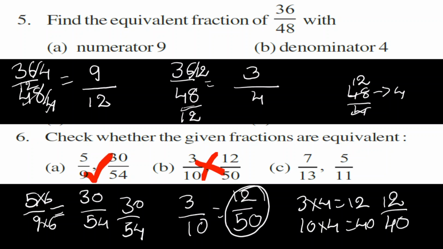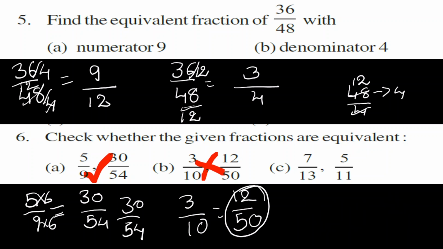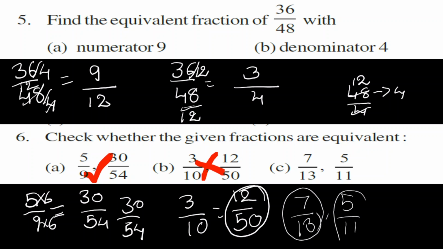And coming to the next one, 7 by 13 and 5 by 11. Observe these fractions. Both 7 by 13 and 5 by 11 are in simplest form, because 7 and 13 don't have any common factor, and 5 and 11 don't have any common factor.